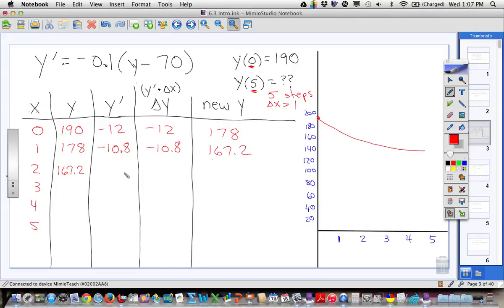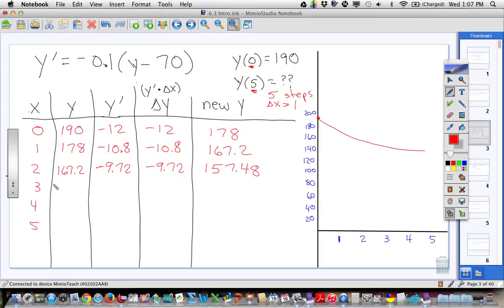Figure my slope. Negative 9.72. Times that by 1. Still negative 9.72. So I drop my temp down again by that much, and it's going to go down to 157.48.